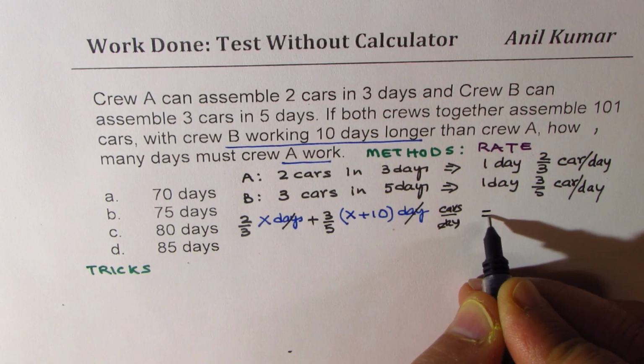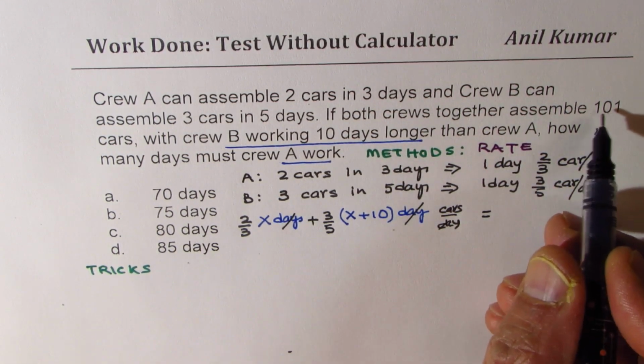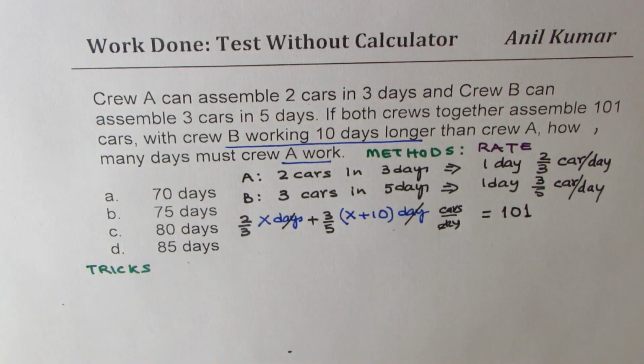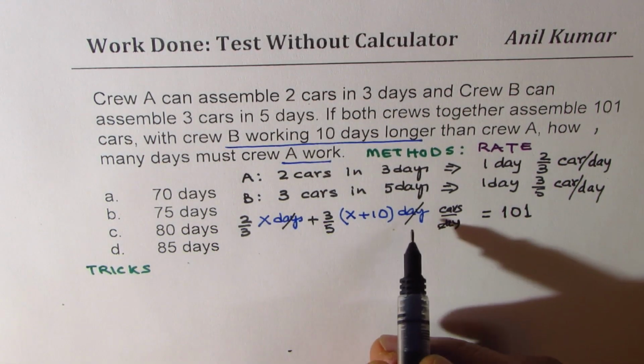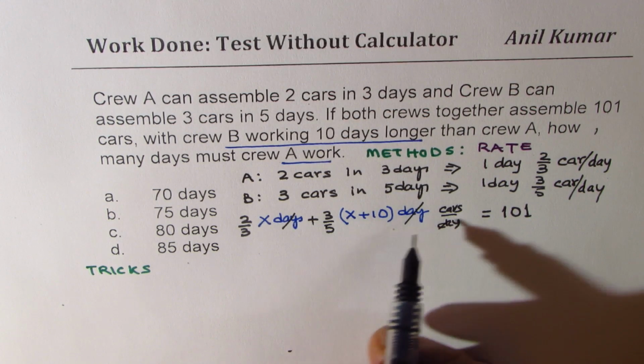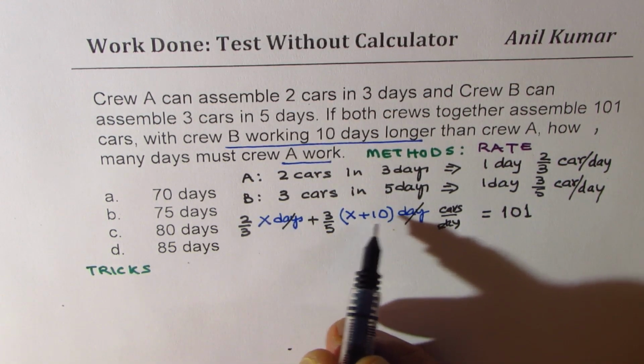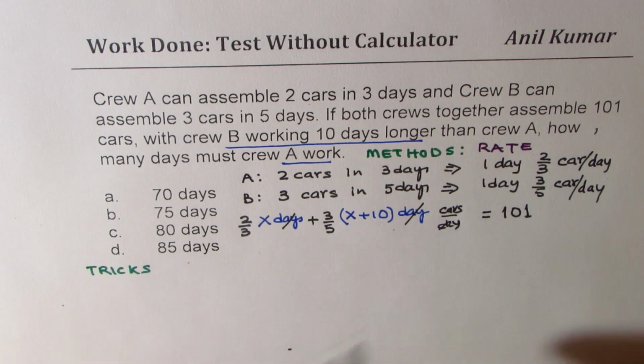So total number of cars which you really get is 101. So that gives you the equation. Perfect. So what we had here is 3/5 cars per day, 2/3 cars per day, and so many days. So days cancel, you're left with cars on both the sides. So that is your equation.